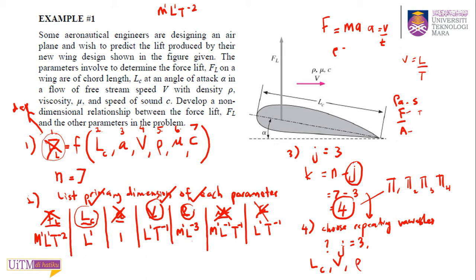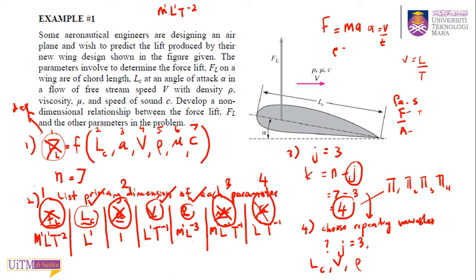So you have 4 that are unused: the FL, the alpha, the mu, and the C. 1, 2, 3, 4. So this will represent your pi after this.